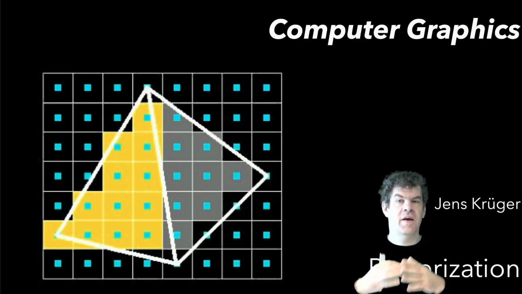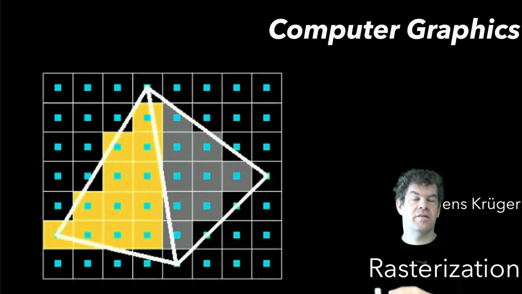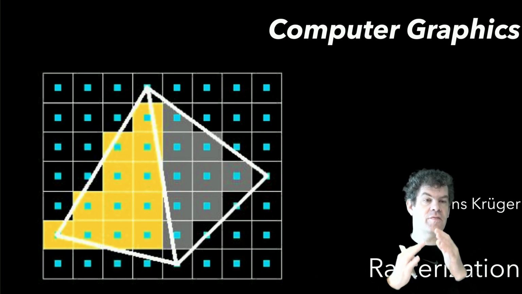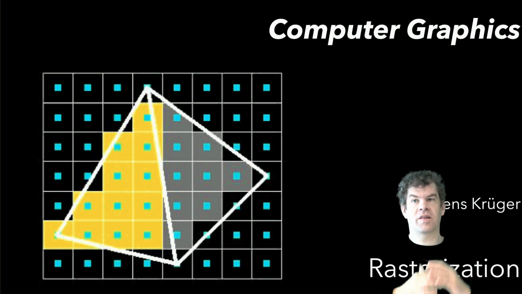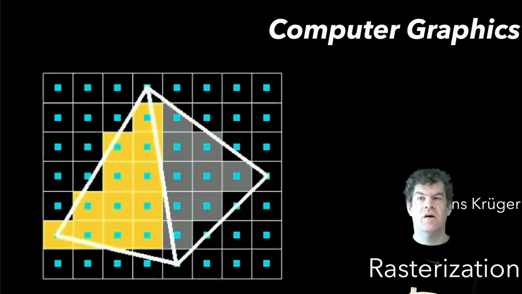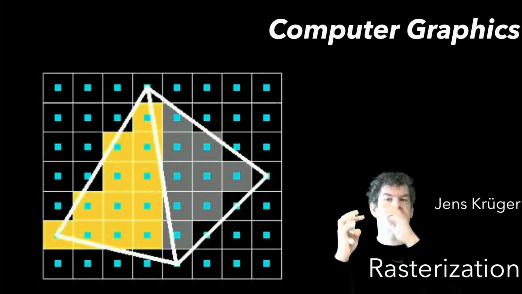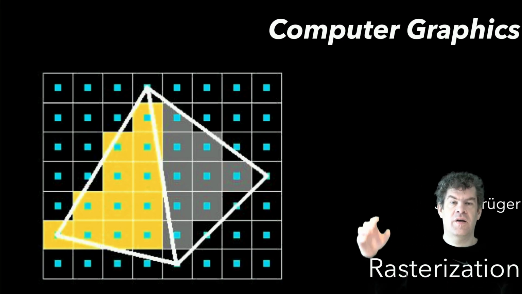So I'll explain rasterization, and along with that, I'll explain what the view and model and the projection matrix are all about. And then you will see that the same view and model also apply to ray tracing. Not the projection necessarily, but the others also apply to ray tracing. Okay. So that's it.